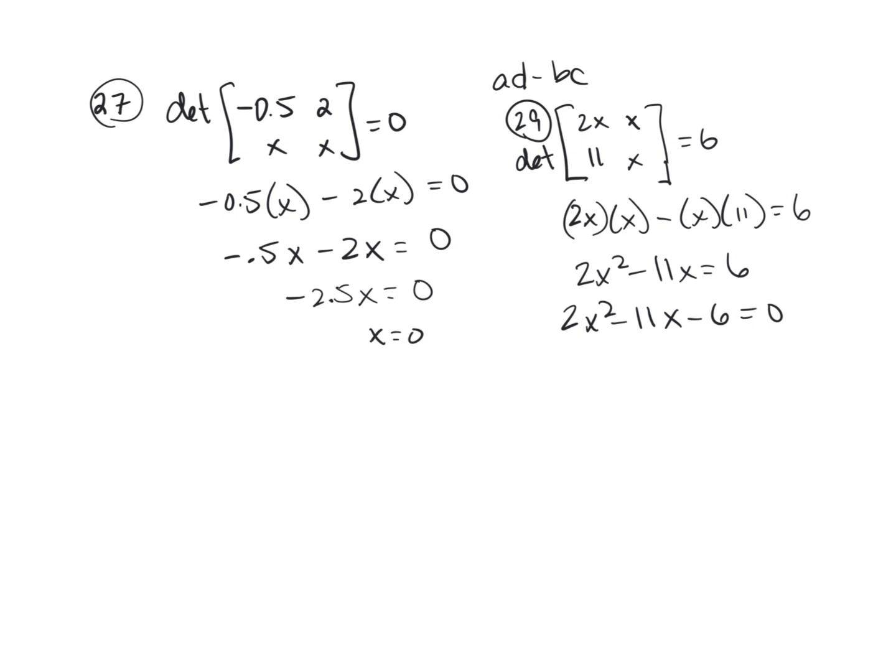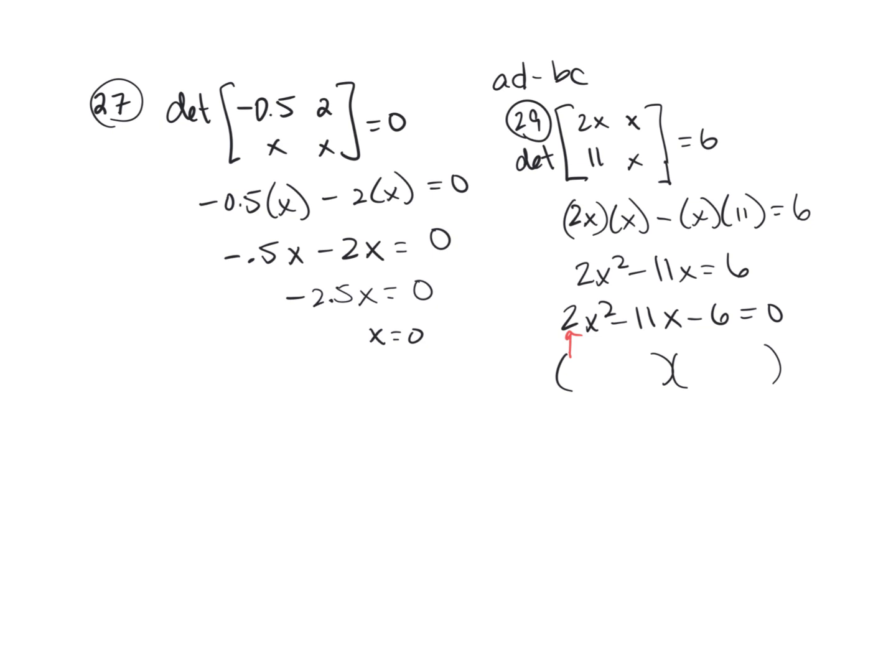I'm going to factor. Since there's a number in front of this x squared, it's not as easy as many of you like. But if you are good at factoring, heck, have at it. I'm going to factor.